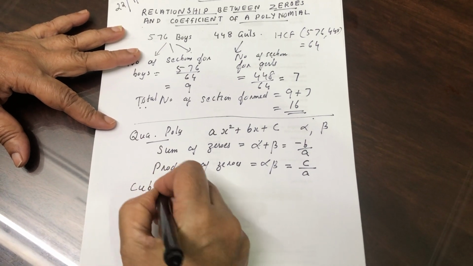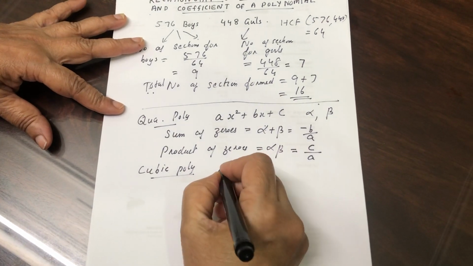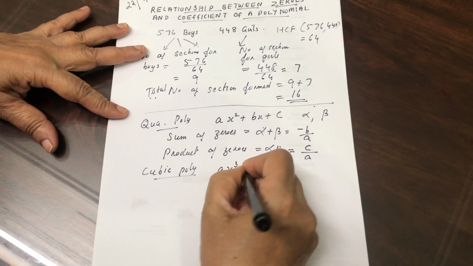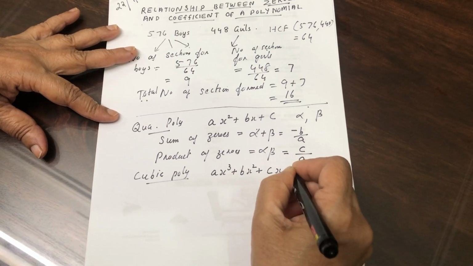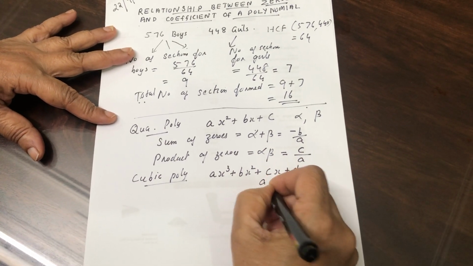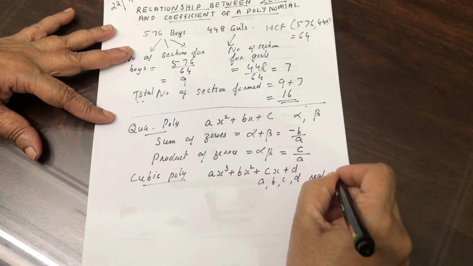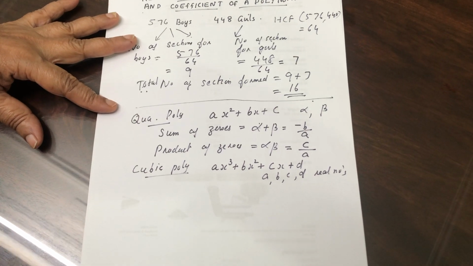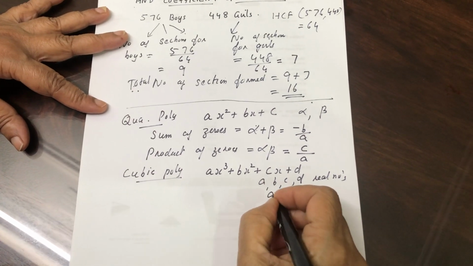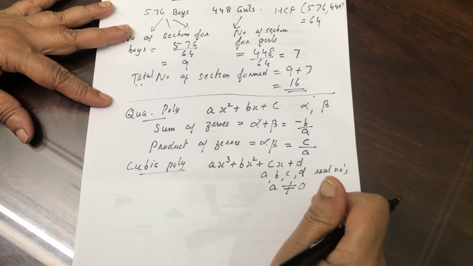Now the cubic polynomial. Its general form is ax cube plus bx squared plus cx plus d, where a, b, c, d are real numbers and what is not equal to 0? a is not equal to 0. All of you know the reason for that.